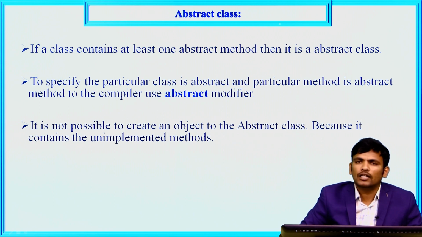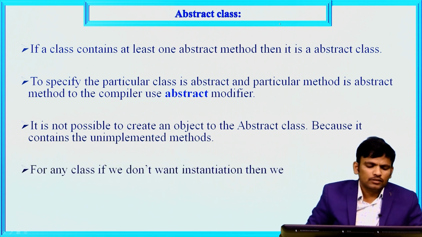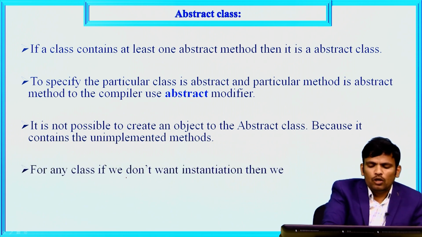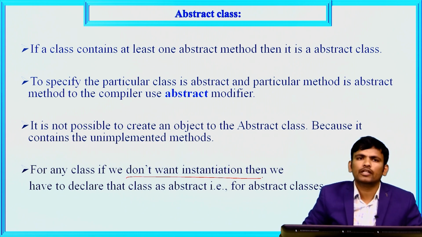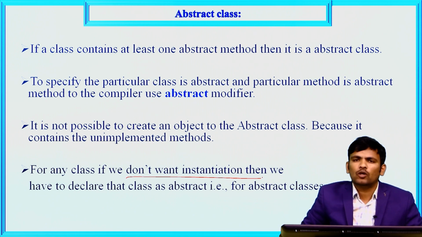The abstract class never gets any chance of instantiation. So if you don't want a class to be instantiated, declare it with abstract. Even a normal class can be declared with the abstract modifier, since sometimes we need to restrict object creation. In such cases you can write the abstract modifier on the normal class so that no one can create an object, meaning instantiation is not possible.